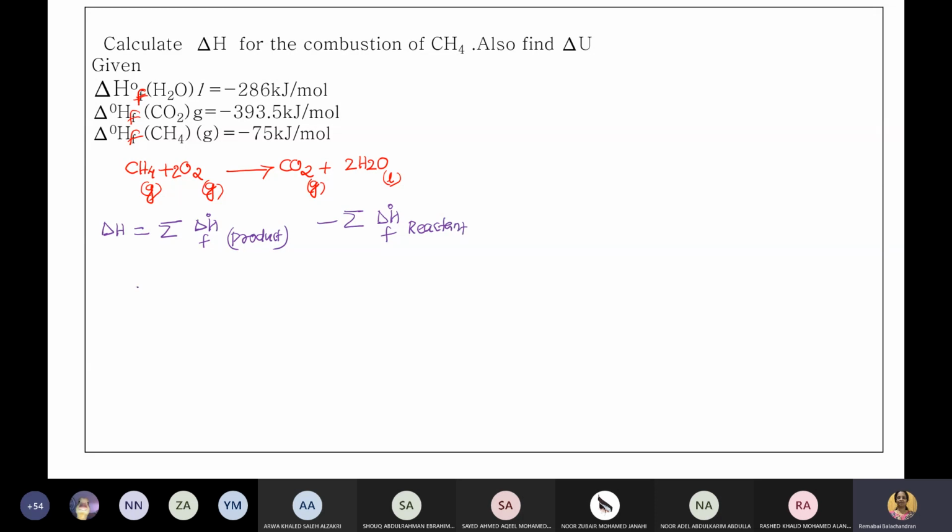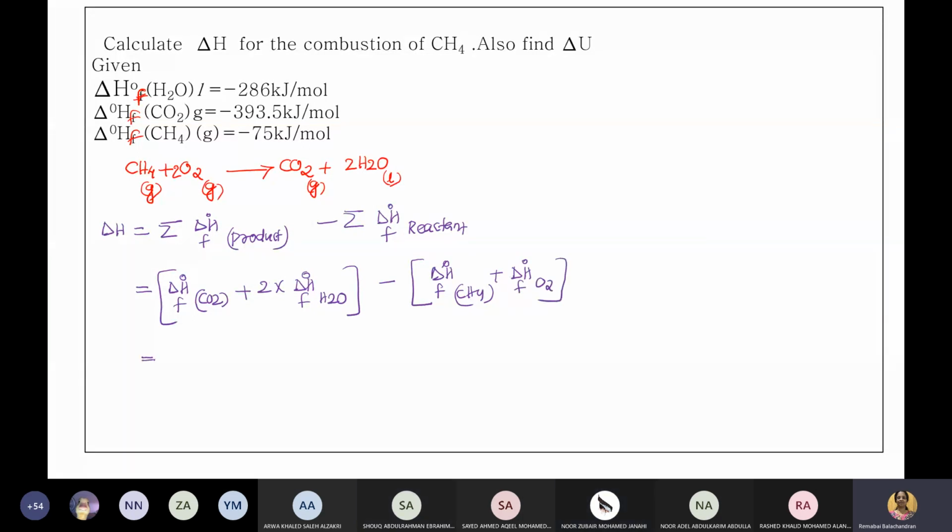The products are the enthalpy of formation of CO2 plus 2 times the enthalpy of formation of H2O, correct? Minus the enthalpy of formation of CH4 plus enthalpy of formation of O2.